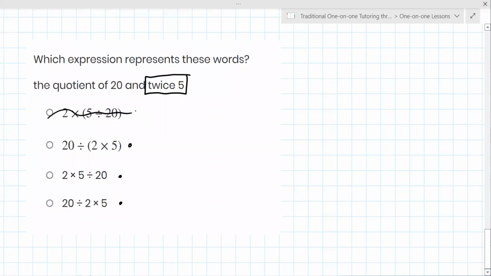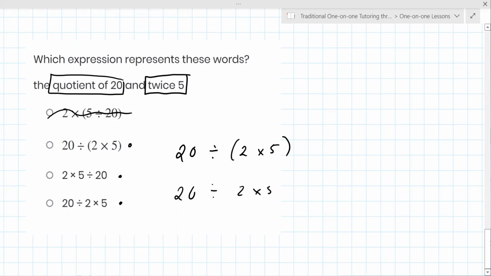Okay, so the quotient of means you've got to have division, and 20 has to start. So it's 20 quotient, and then it's either 2 times 5, or it's 20 quotient 2 times 5.